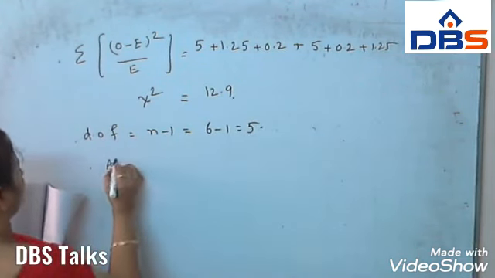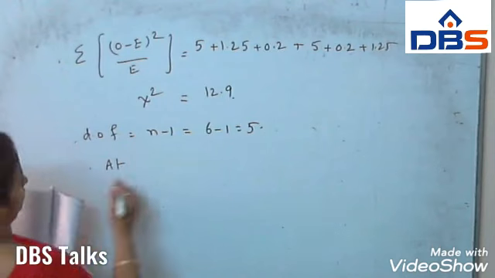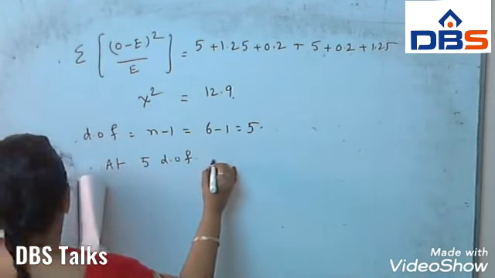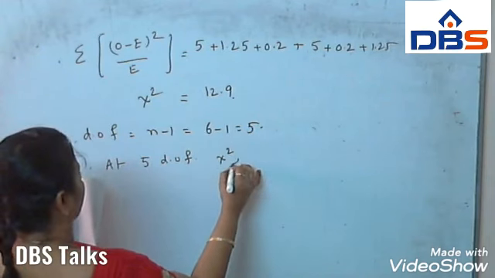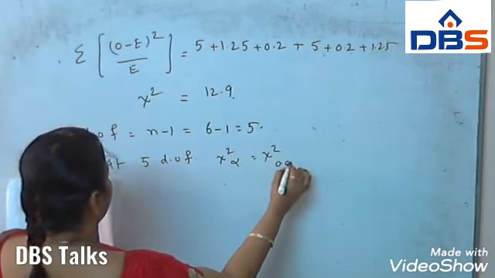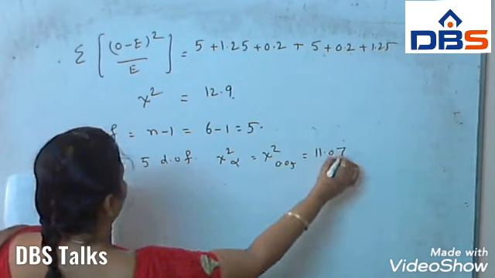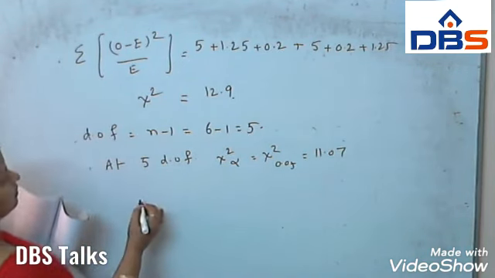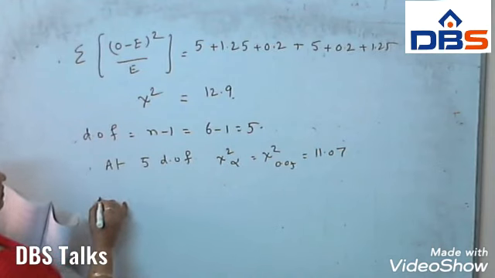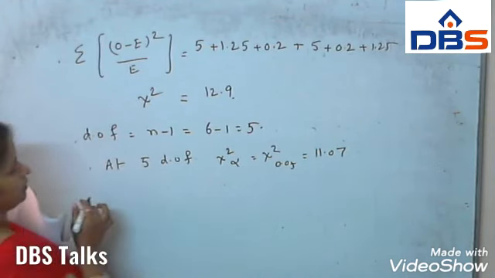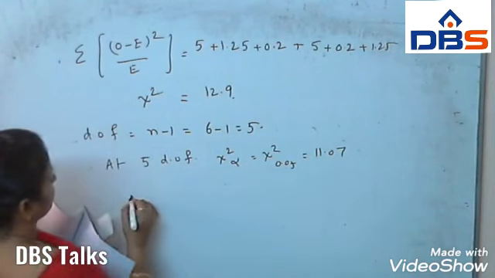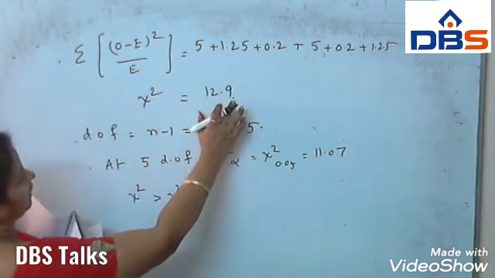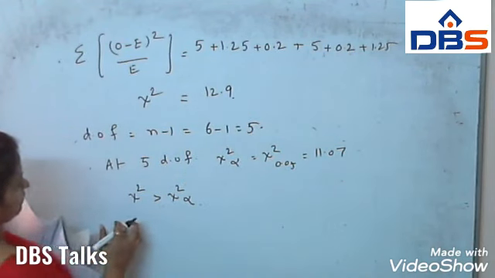So at 5 degrees of freedom, chi square 0.05 equal to 11.07. That means chi square is greater than chi square alpha. 12.9 is greater than 11.07.